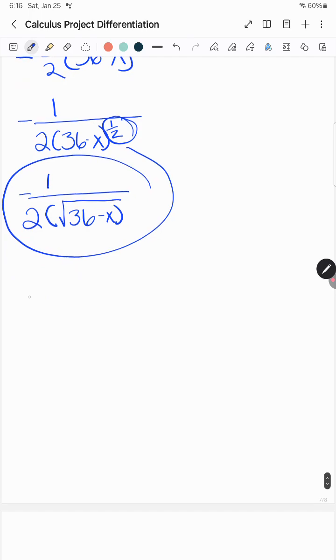So to recap, we had 10x to the ninth for our derivative of the first term. We had 0 for the second term. And we have negative 1 over 2 square root of 36 minus x for our last term. Now we need to get our sum.